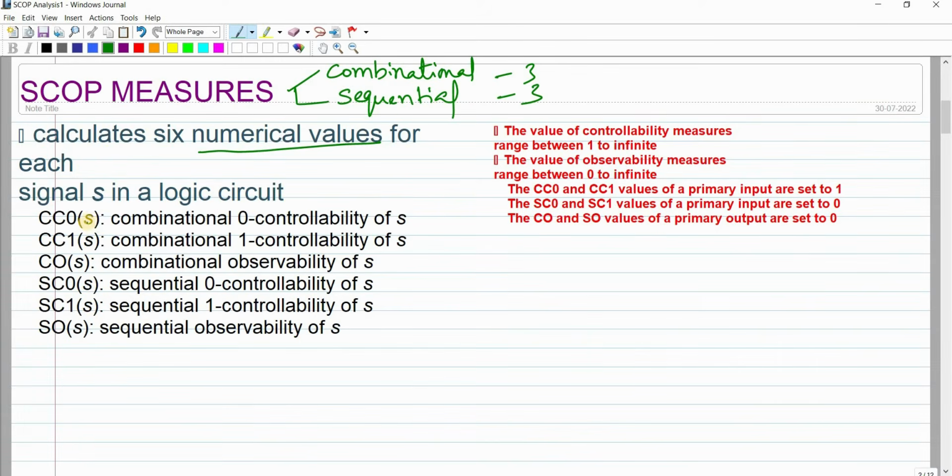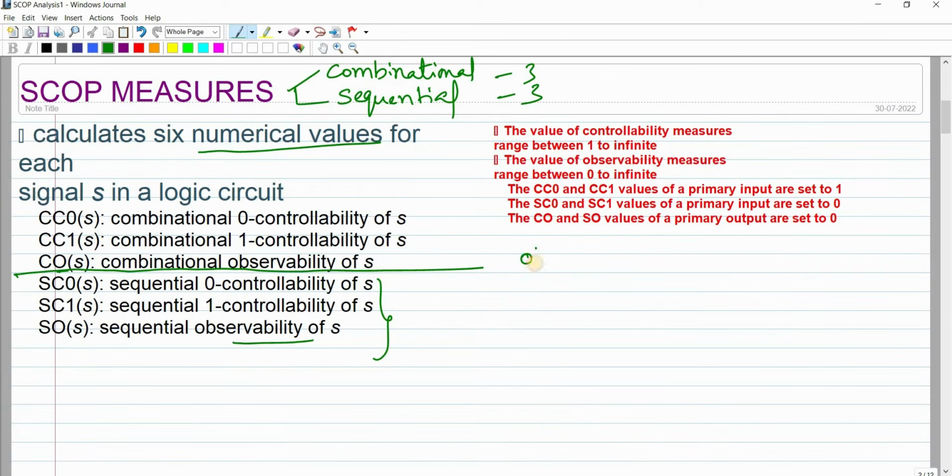CC0 of S, that means combinational 0 controllability of S. CC1 of S, combinational 1 controllability of S. CO of S, combinational observability of S. SC0 of S, sequential 0 controllability of S. SC1 of S, sequential 1 controllability of S, and SO of S, sequential observability of S. So these three are the combinational measures and these three are the sequential measures.